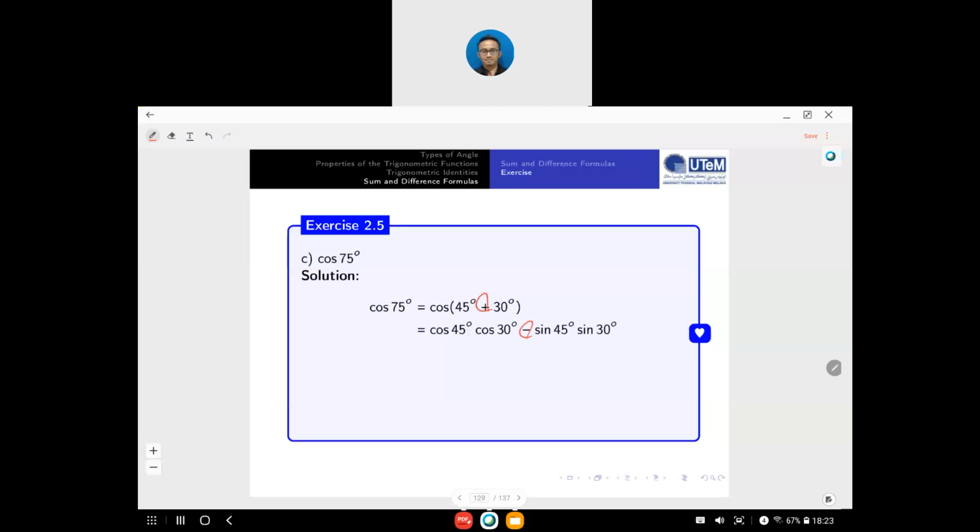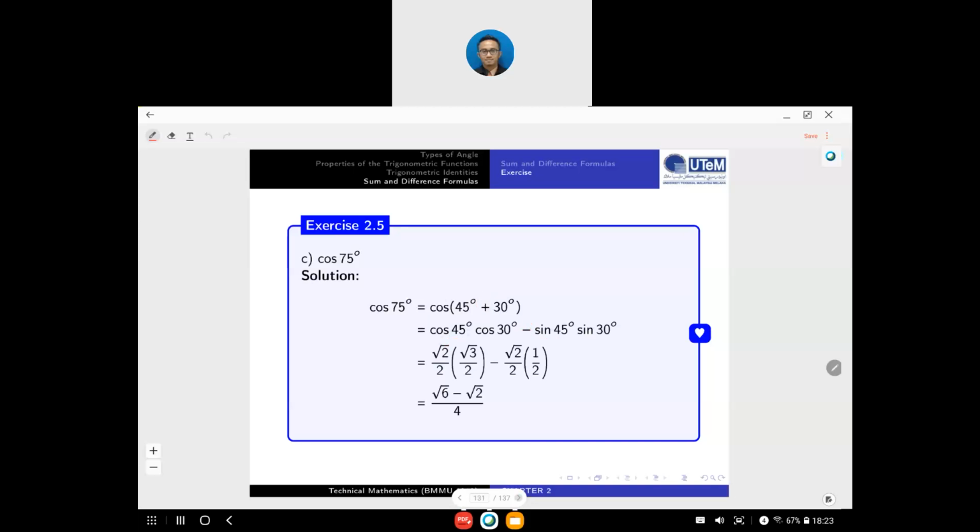Also the same thing, using the special triangle you can get the values of cos 45, cos 30, sine 45 and sine 30. Then solve this, and you can get (root 6 minus root 2) over 4. This is the solution for question C.